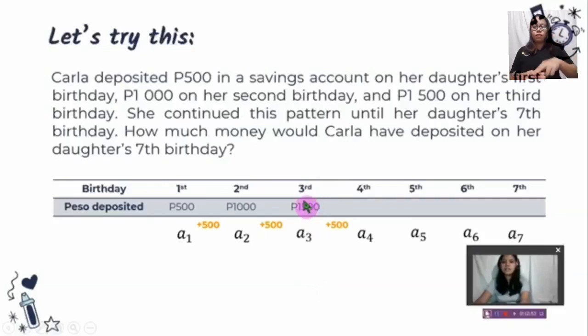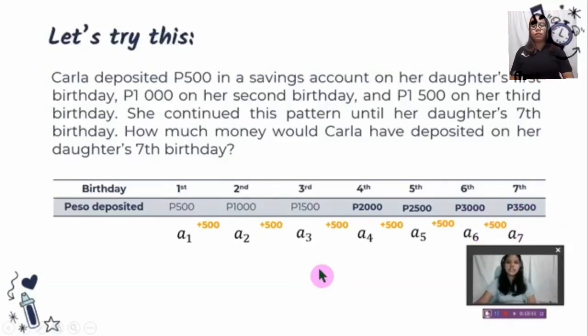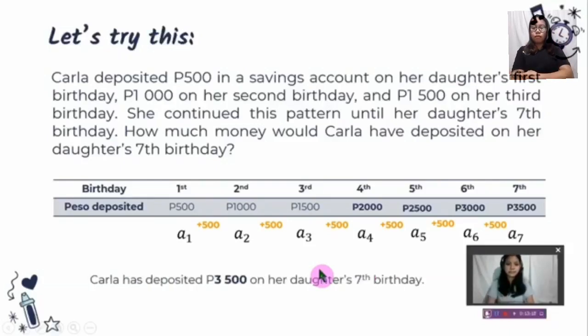So, 1,500 plus 500, that is 2,000. 2,000 plus 500, that is 2,500. 2,500 plus 500, that is 3,000. And lastly, 3,000 plus 500, that is 3,500. So, how much money did she deposit on her daughter's 7th birthday?